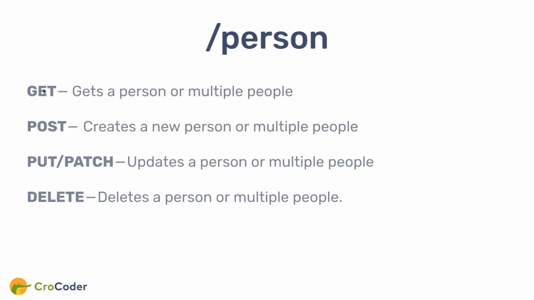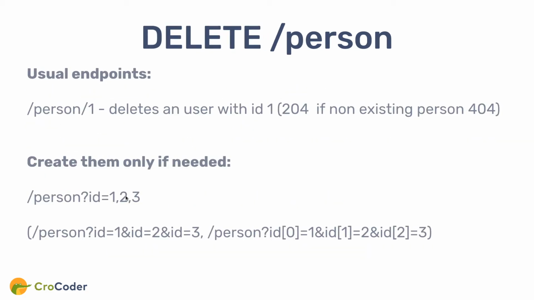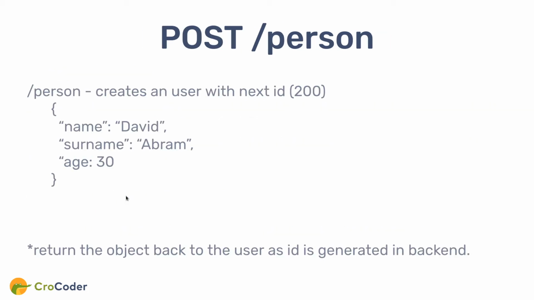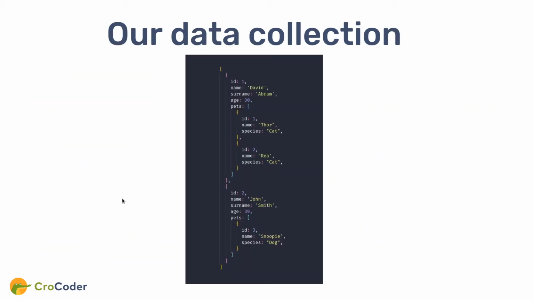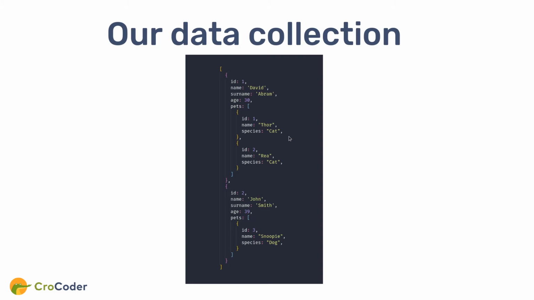So we probably would just need to define get, post, put, and delete, and use this norm or advice to create a great endpoint for creating people or users, because I probably changed it at the last second to person.